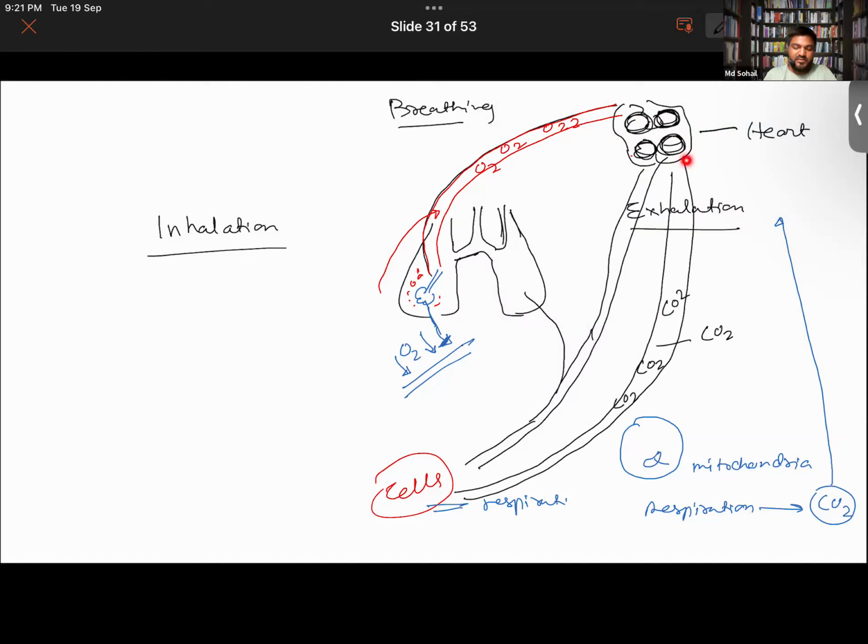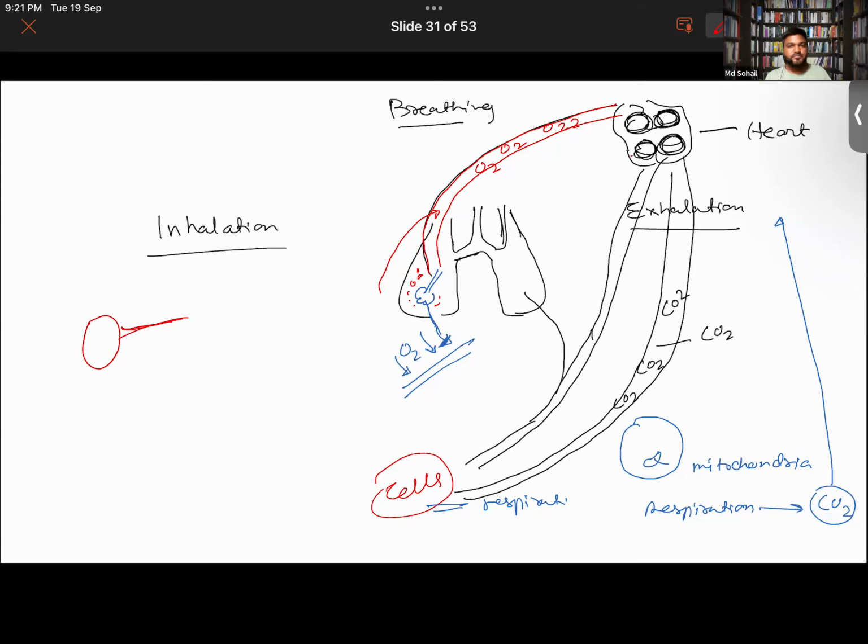So the cells take the carbon dioxide to the heart? Not exactly. Every cell in your body is connected by veins, and blood flows in the veins.